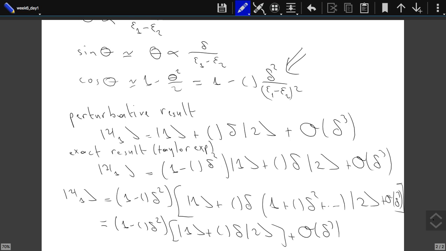Now, the thing is, this is a simple application of degenerate perturbation theory. If you look at each one of the questions, the first question is standard perturbation theory applied to a 2 by 2, exactly solvable system, just to see whether perturbation theory works, or how it works, in a model that can be solved exactly.